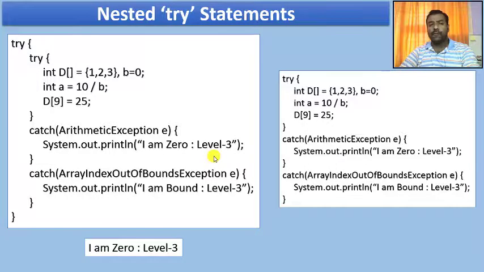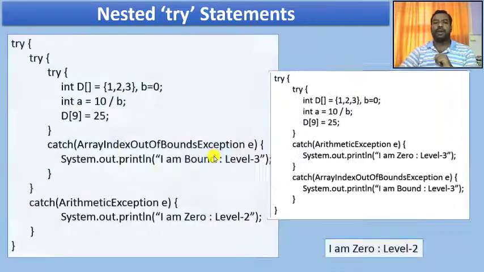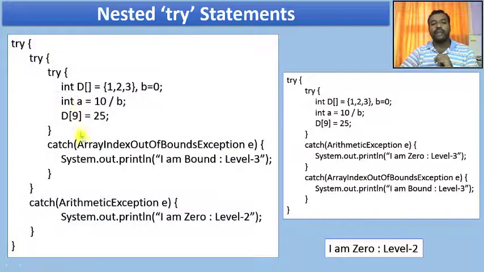Now we will modify this program further. I am going to enclose this try statement with one more nested try. Now just look at the difference I have made. I have not just created the nested try with one more outer try, but just observe the other modification I have done here.